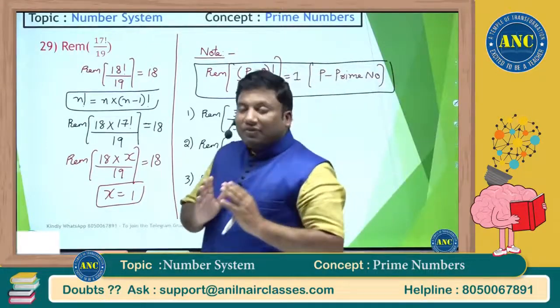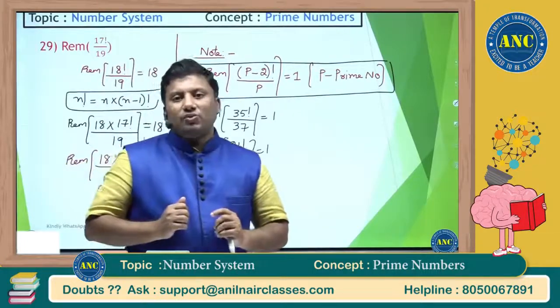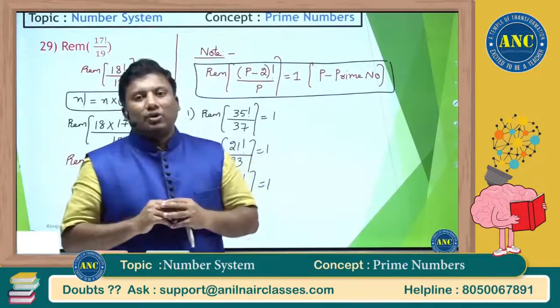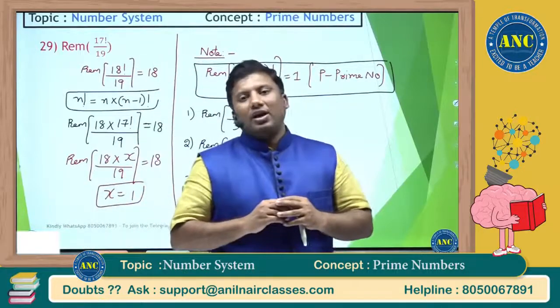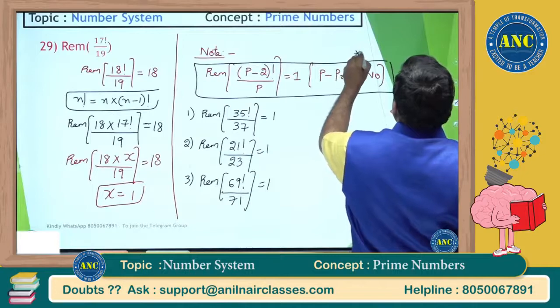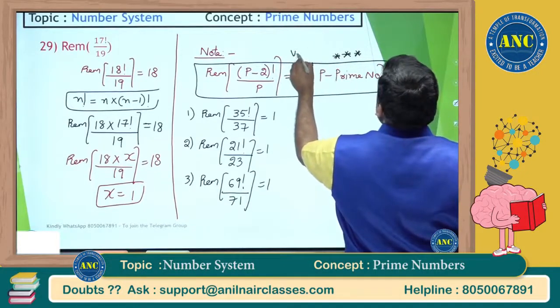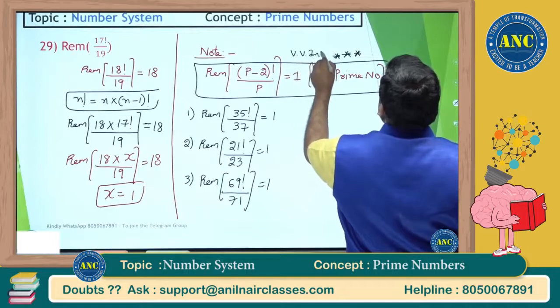P minus 1 factorial when divided by P, the answer is P minus 1. P minus 2 factorial when divided by P, the answer is always 1. One term we went backwards, now we went 2 terms backwards. Very, very important logic.